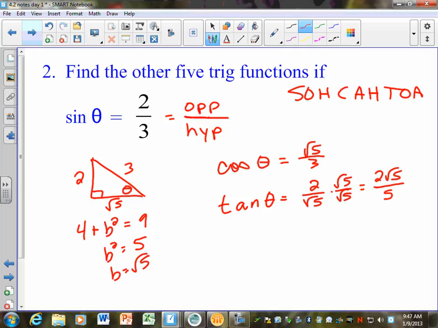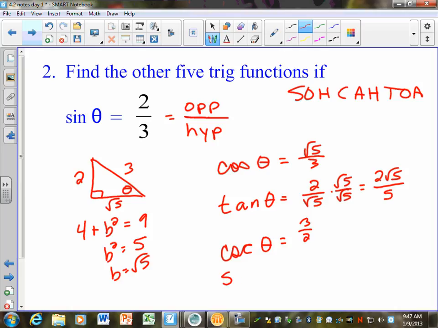We need all 5 trig functions, right? So what are my other trig functions? Cosecant, and that's the reciprocal of which one? Sine. So if sine was 2/3, what's cosecant? 3/2. What else do I have?